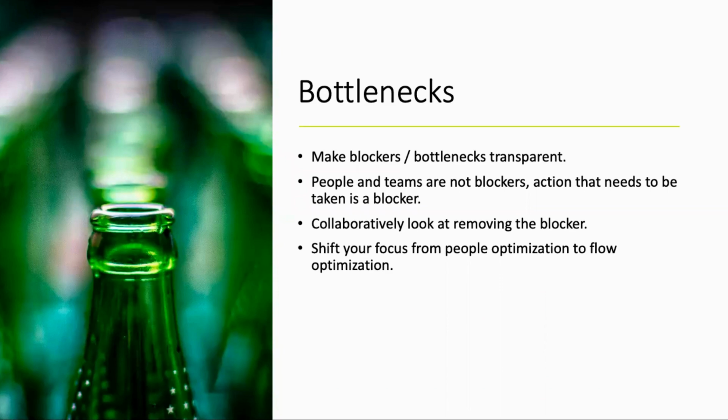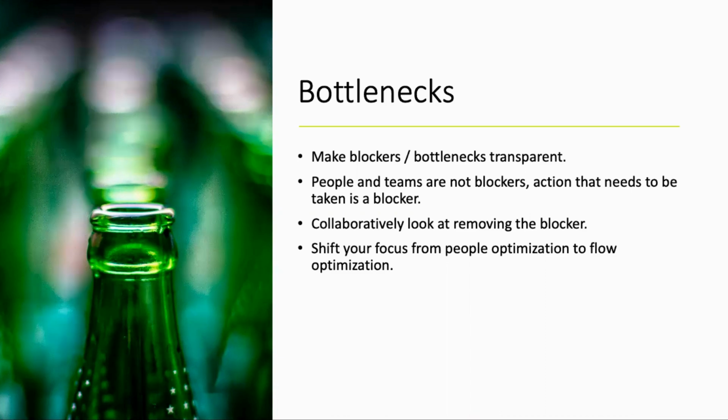So when we say that we do not have an architect who can review this piece of architecture because the architect is busy in some other priority task, and hence my work is blocked, the architect is not the blocker. The review of this technical architecture document is the blocker.